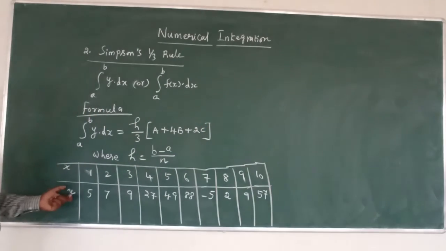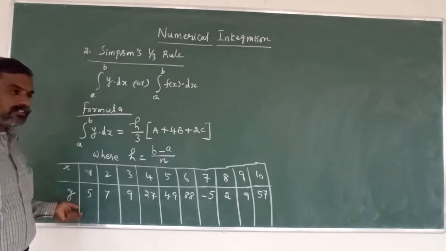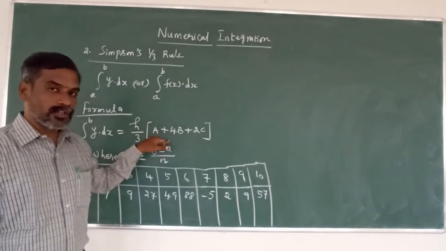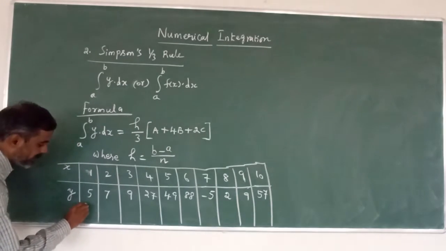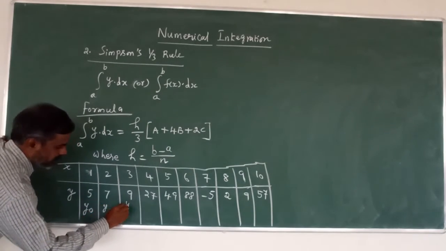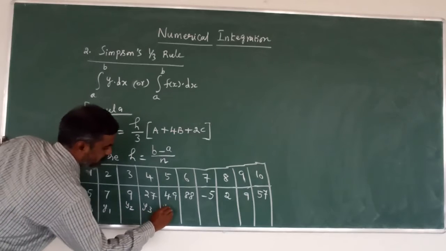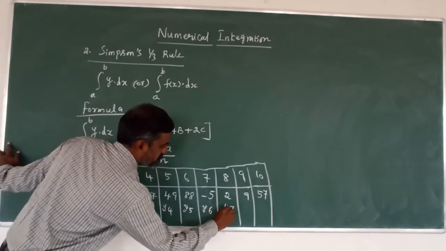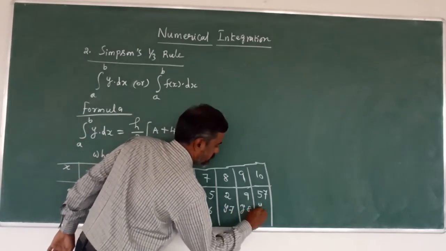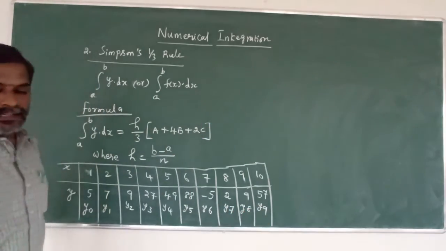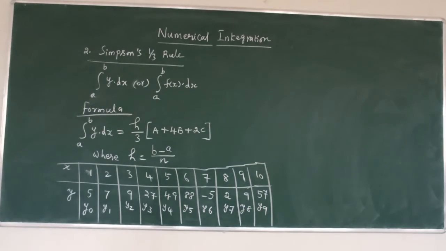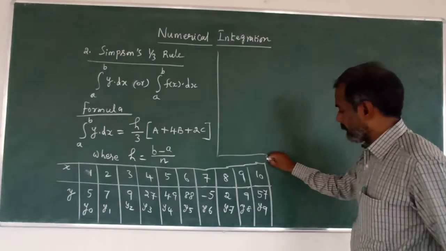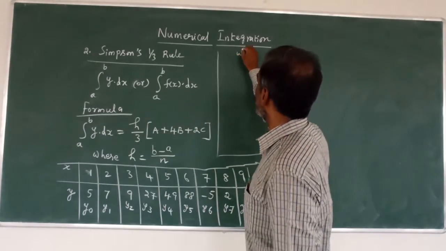Okay, this is for x and this is for y. Now to solve using Simpson's one-third rule, this is y0, y1, y2, y3, y4, y5, y6, y7, y8 and y9. Now to find out what A, B and C are.